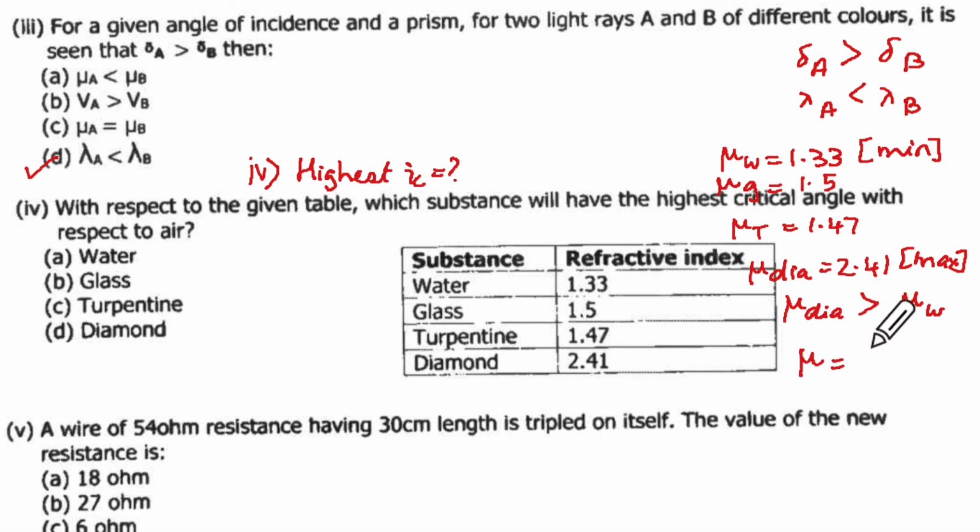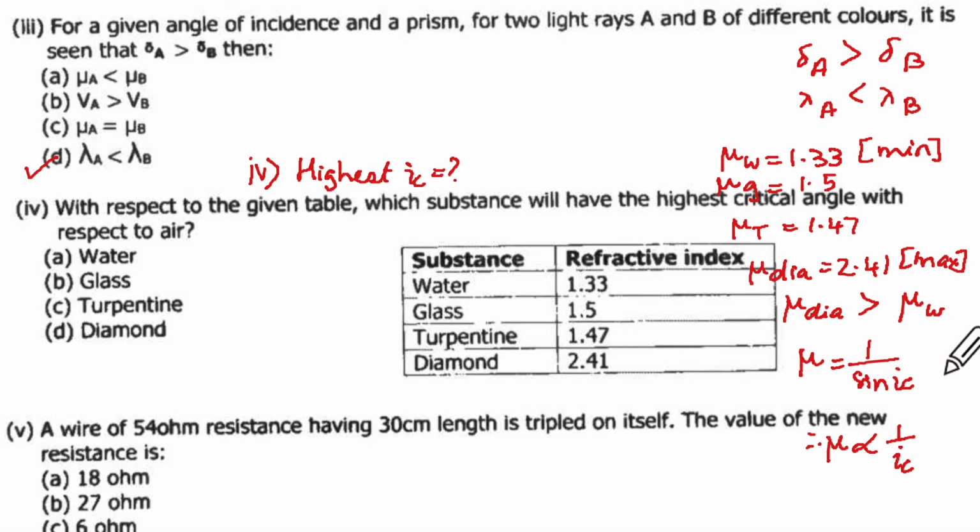So mu is equal to 1 upon sine of critical angle. Do you remember this? Therefore, mu will be inversely proportional to 1 upon IC. Do you understand this part? Because sine increases as angle increases. Sine of 0 is 0 and sine of 90 is 1.